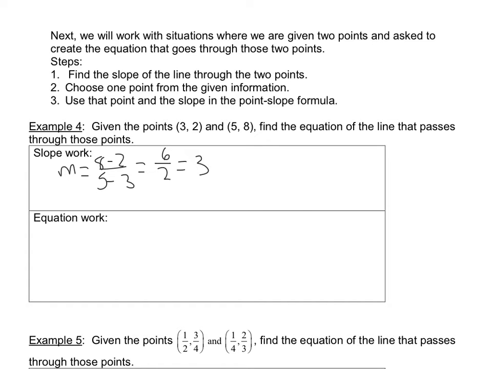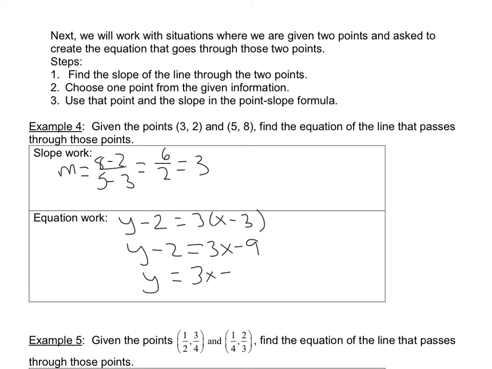So now watch. y minus 2 equals 3 times x minus 3. So y minus 2 equals 3x minus 9. Add the 2. y equals 3x minus 7. Okay? So there's the nice equation.